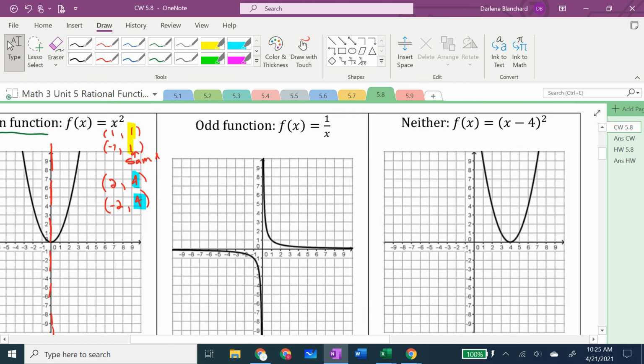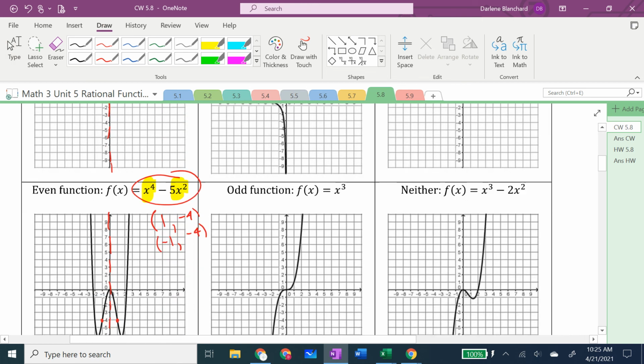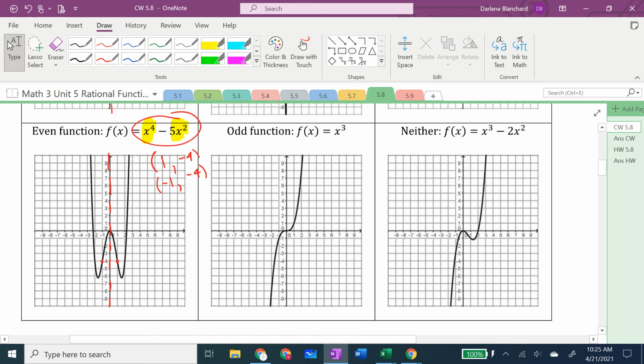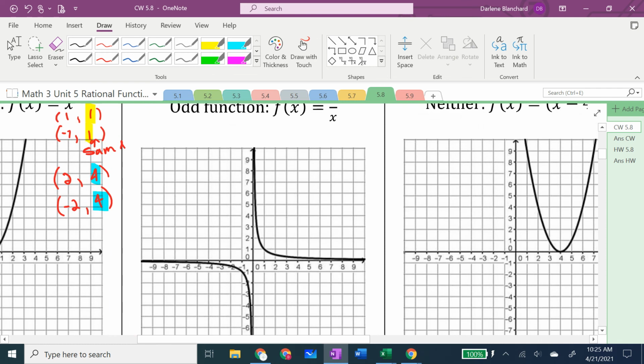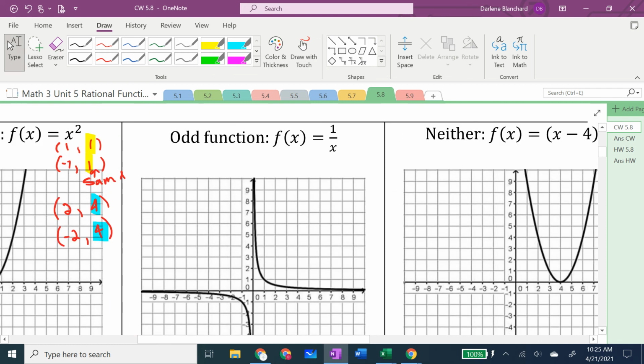Here are odd functions. And do notice that the one odd function given here, that is an odd exponent on a polynomial. This one is not polynomial, but this one is rational.